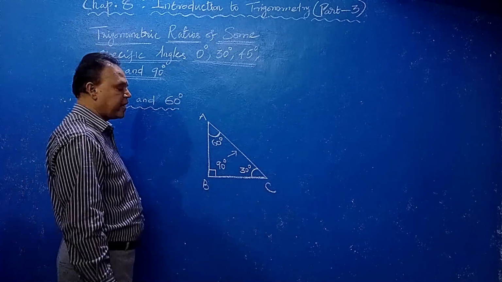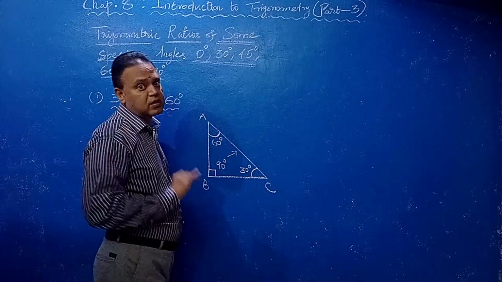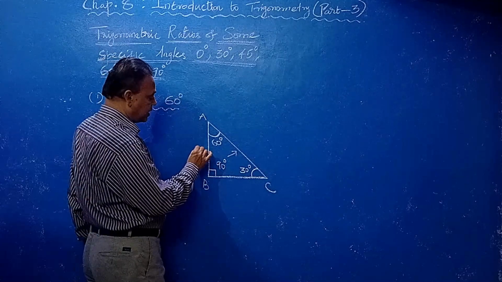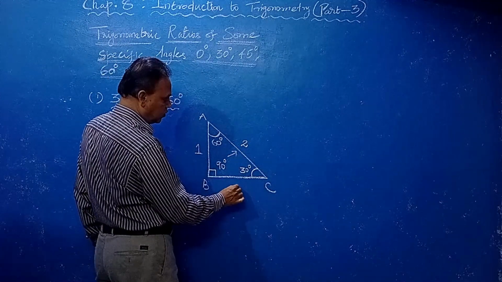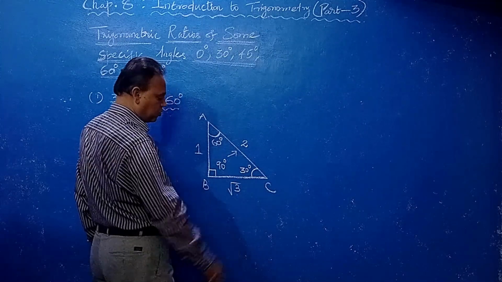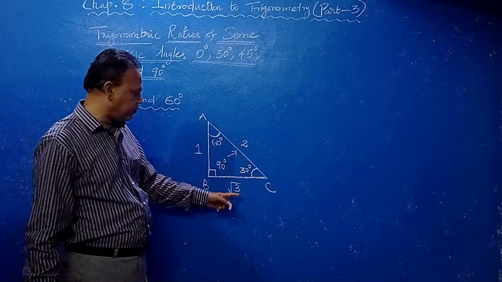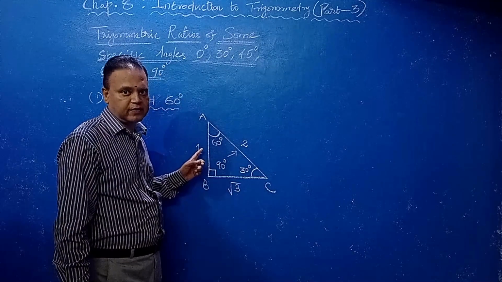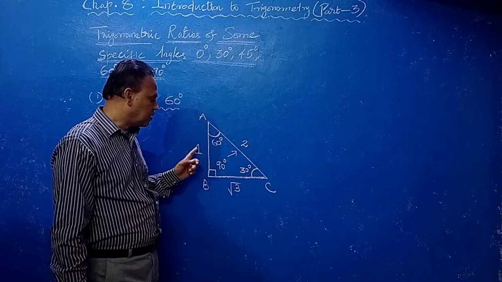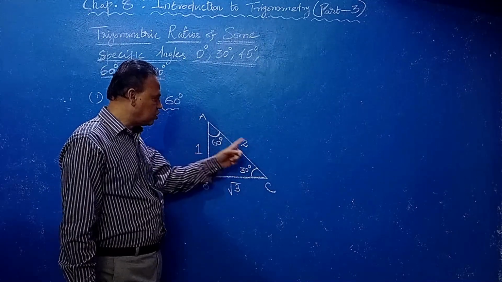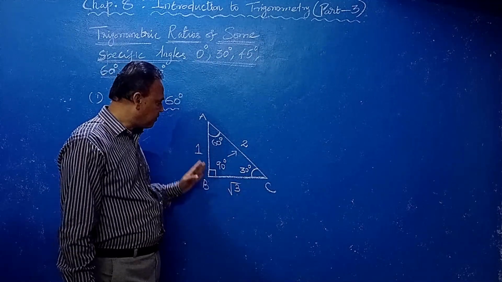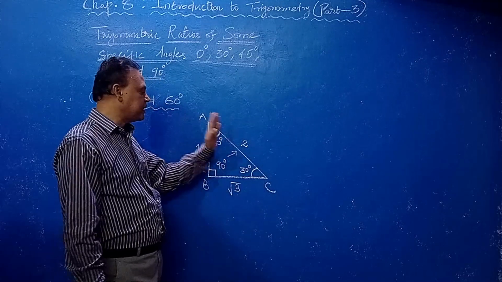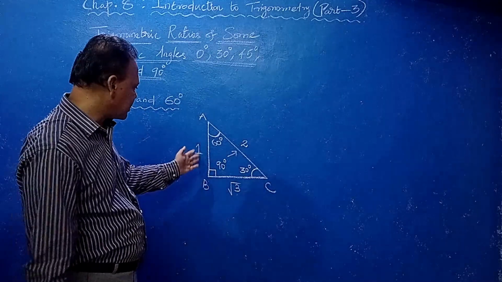Now you have to take the ratio, and you have to remember this ratio also. Put 1, 2, 3, then square root. You have to start with the perpendicular side: 1, 2, 3, then put root. Then the Pythagoras theorem will definitely be satisfied; you can check also.